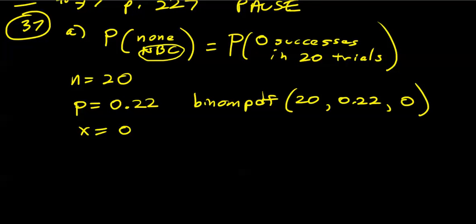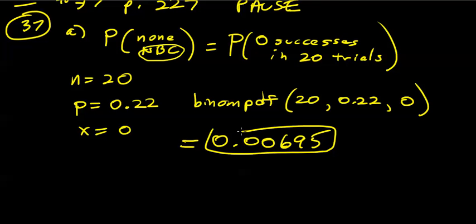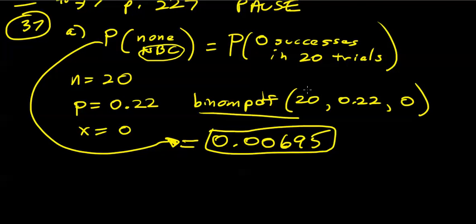And I get a decimal value of 0.00695. I think the author lists this answer as 0.00695. And that is very simply the answer to part A. Right? A simple and straightforward application of this binom PDF operator.